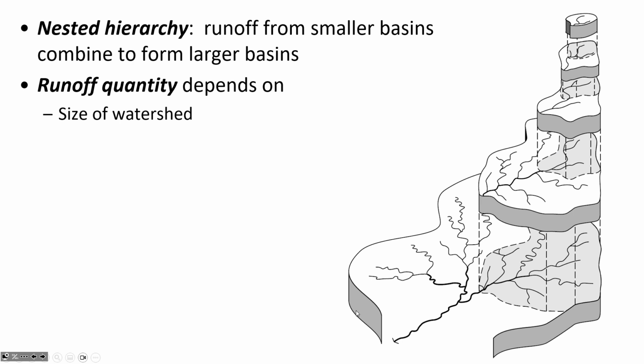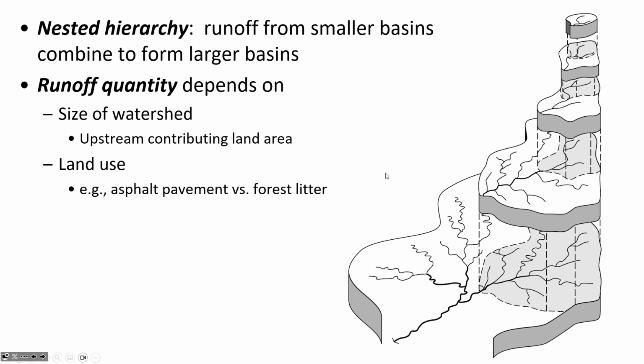So how much water is coming out at the end of a watershed depends on its size, obviously. And so the bigger the contributing area, the more the flow is going to be. It also depends on what's inside of the watershed, how the land is being used.